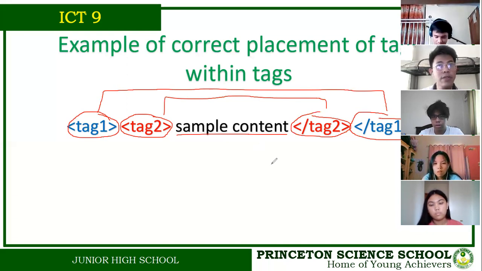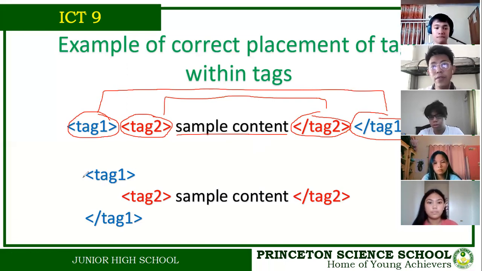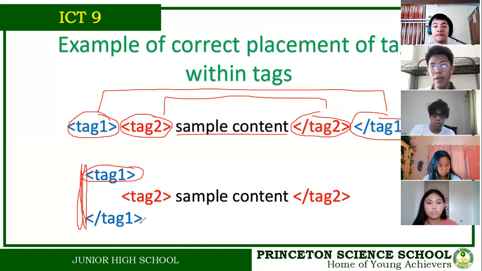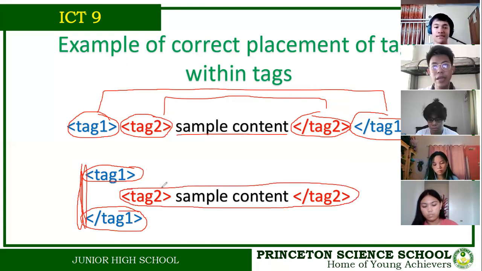Another example of this one is this. Okay, so this one is much easier to look at because the first tag is right outside. It's outside this side, meaning it is the very first tag that you used, right? And then we can insert another tag inside with the same placement or the same structure.